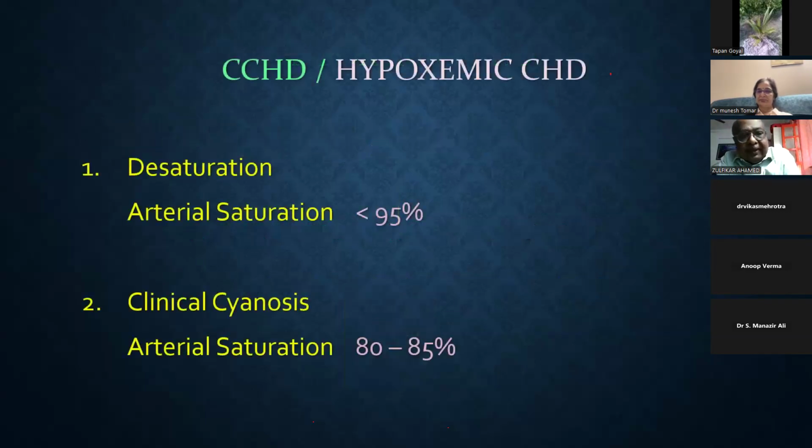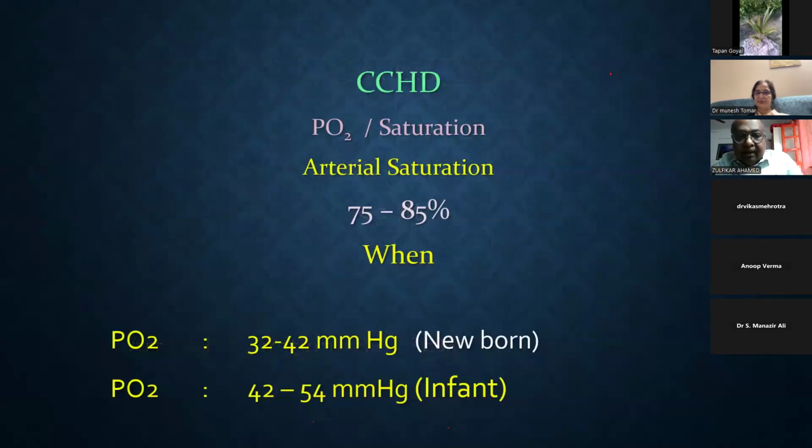For either cyanotic or hypoxemic congenital heart disease, you need a desaturation, that is, arterial saturation should be less than 95%, 94 or less. Clinical cyanosis occurs only when the arterial saturation is somewhere around 80 to 85%, maybe between 75 to 85%. That is the slight distinction between clinically cyanotic and hypoxemic congenital heart disease.